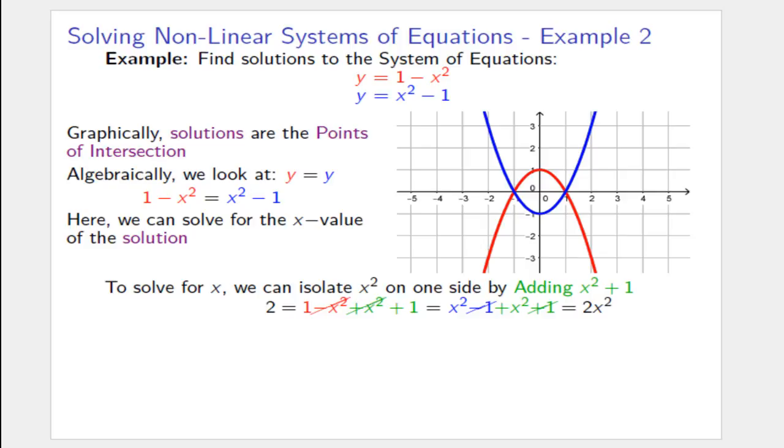And we're left with the equation 2 equals 2x squared. And dividing by 2 gives us that x squared equals 1, which means that x is either negative 1 or positive 1.